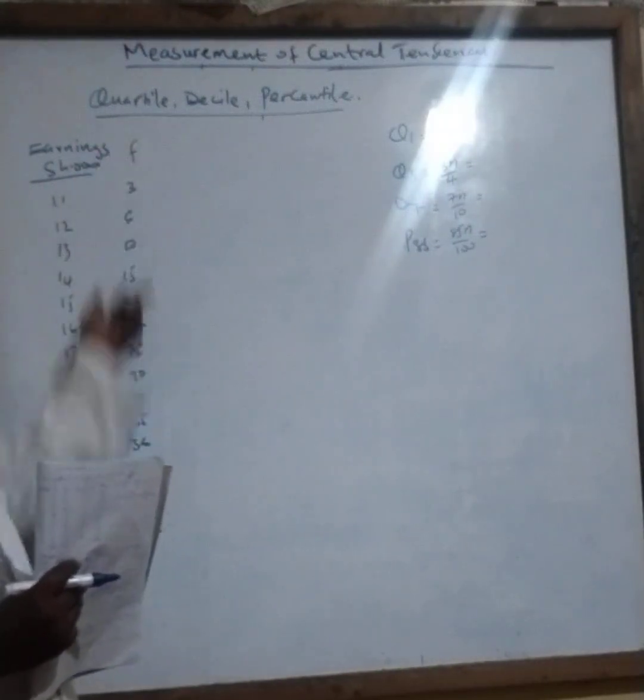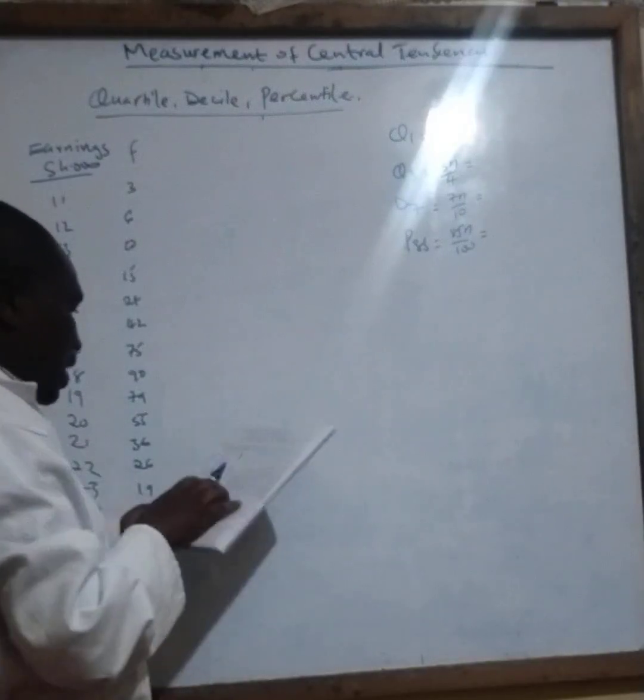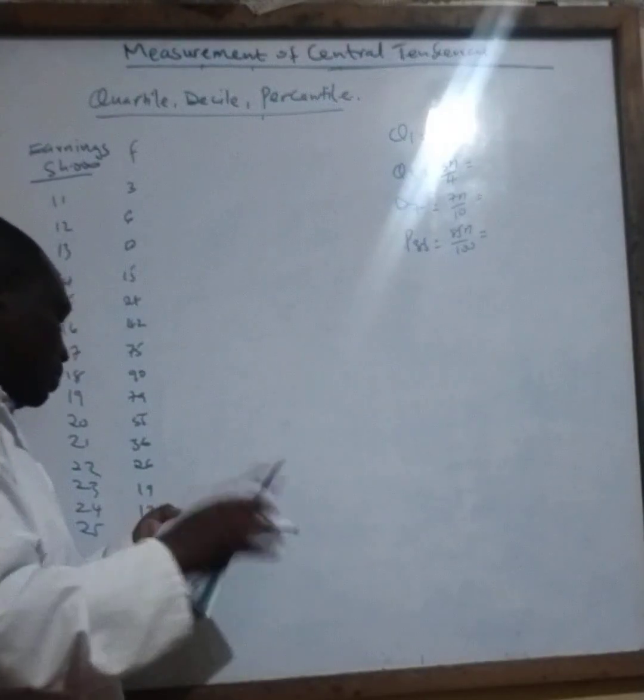Okay? So what is the value of n? From there, this is cumulative frequency. I need to calculate that cumulative frequency so that I get the correct value.